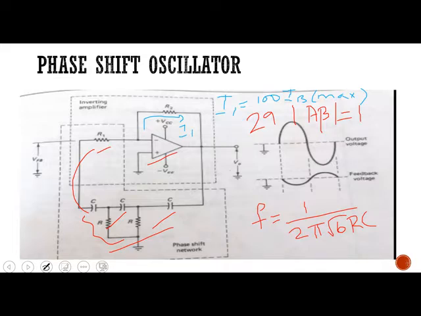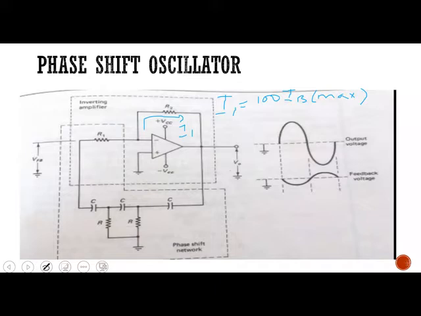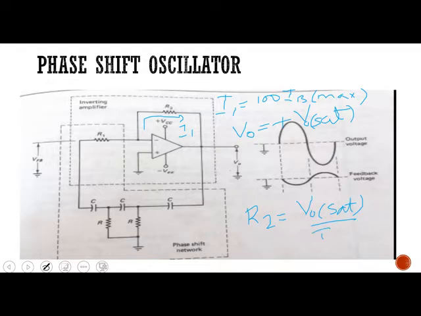And the output of the oscillator, assuming it oscillates between plus and minus V saturation, we assume V0 equal to plus V saturation. So our resistor value R2 can be obtained from R2 equal to V0 saturation by I1.